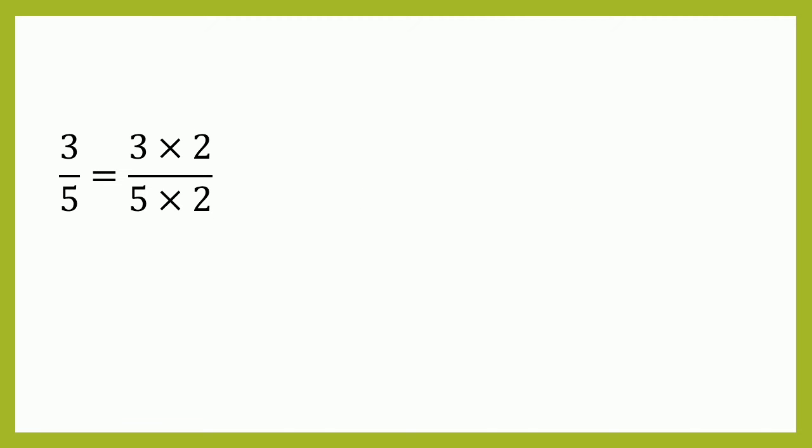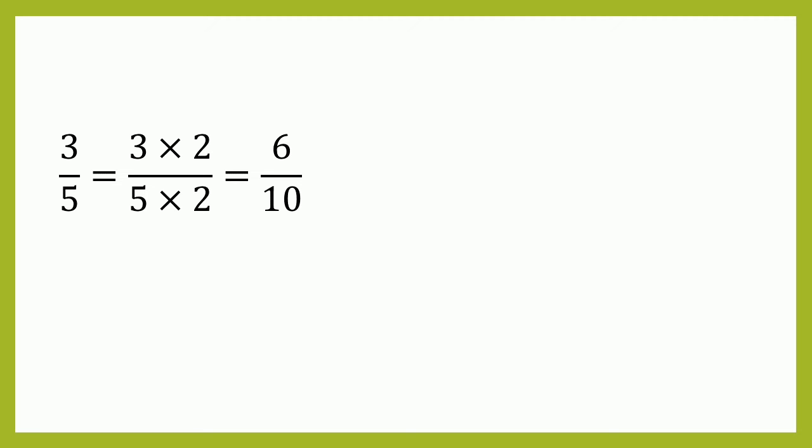Since we are multiplying the denominator, we have to multiply the numerator also by 2. So we will get the answer as 3 2s are 6 and 5 2s are 10.